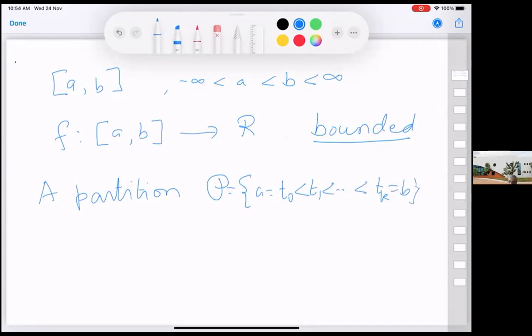So partition, we can consider this as a set of points. The partition is a set of points, and they are increasing. So T0 less than T1, and T0 is A, Tk is B, and in between there is.